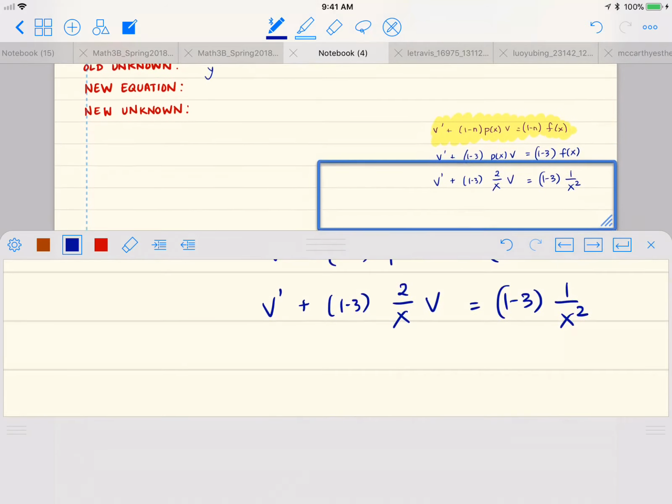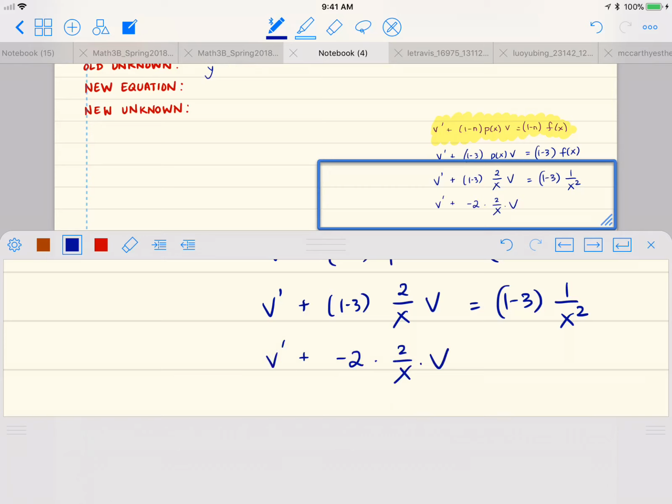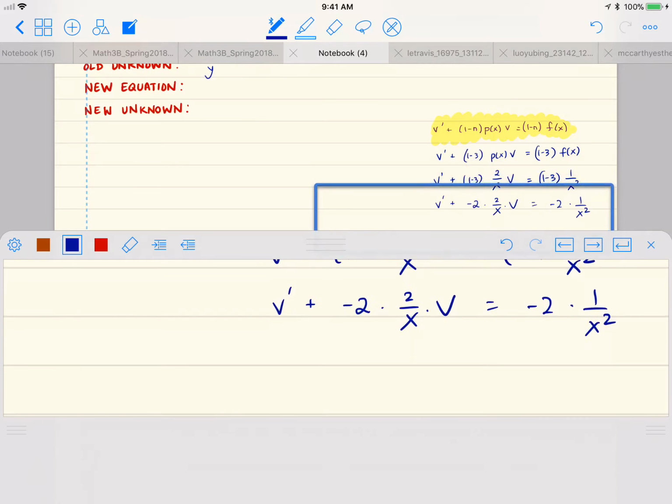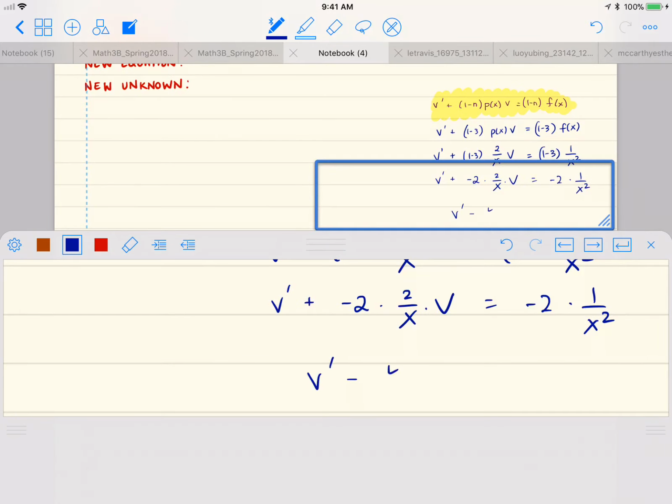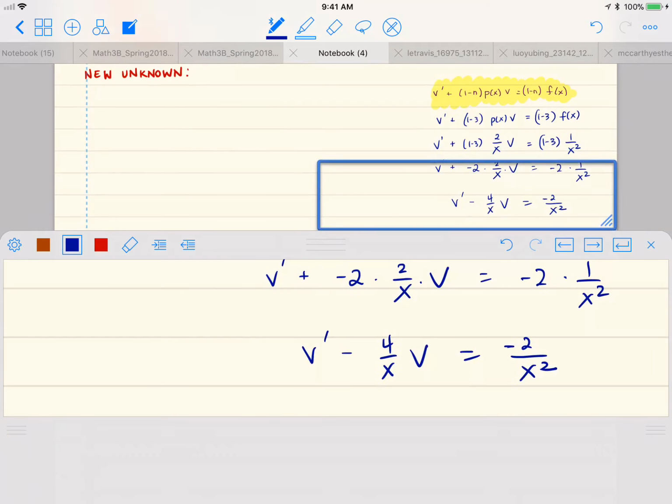Okay, now I'm going to just simplify. So 1 minus 3 is negative 2 times 2 over x times v, and then negative 2 times 1 over x squared. So we should get v prime minus 4 over x v equals negative 2 over x squared. So this is my new equation, right?